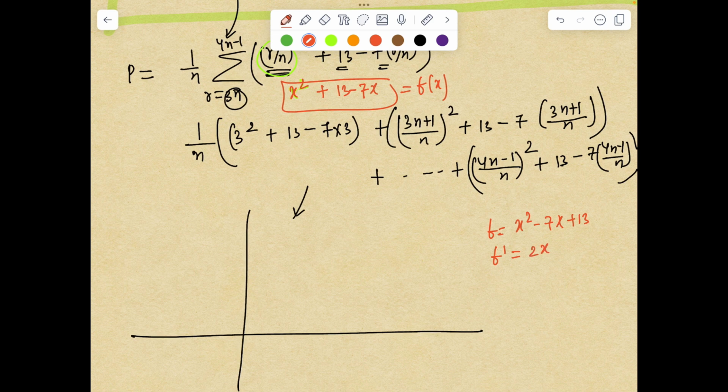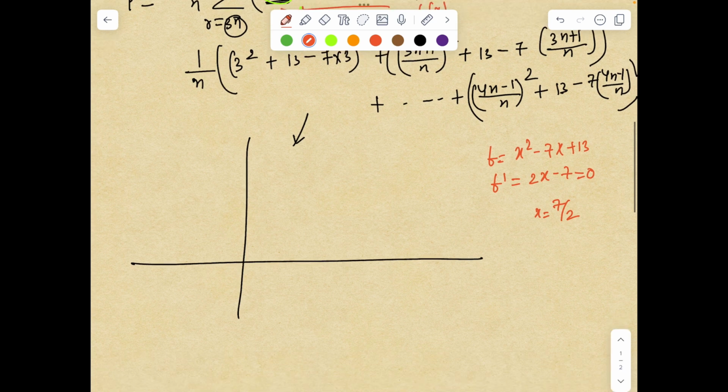We know the point at which the derivative will die is 7 by 2. So the graph is symmetric about x equal to 7 by 2. So let's say we have a line x equal to 7 by 2. It's an upward parabola. At 0 it is 13. So roughly I can tell the graph is symmetric about 7 by 2.